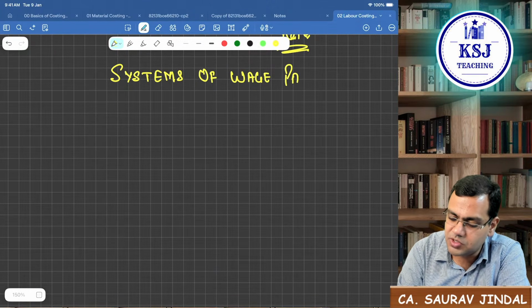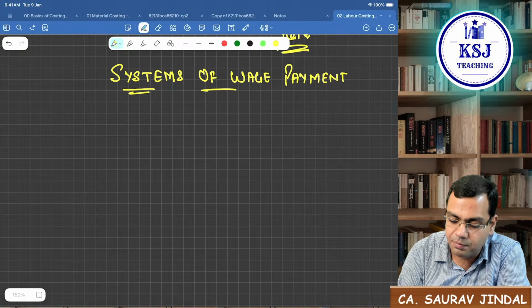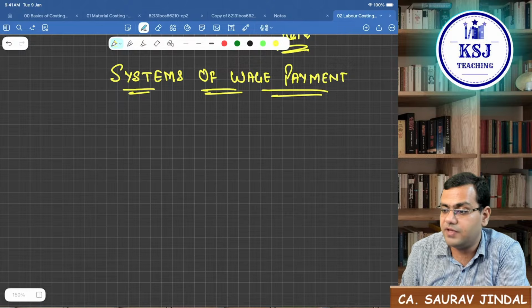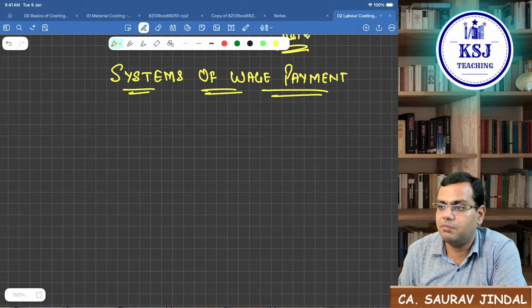It says how you are going to pay your worker, right? Depending upon the number of units you will pay, or depending upon the number of hours you will pay. How you are going to pay your worker, incentive schemes or the systems of wage payment.